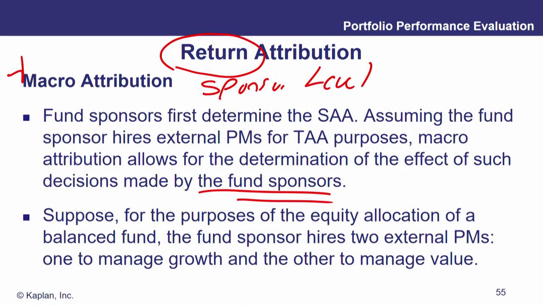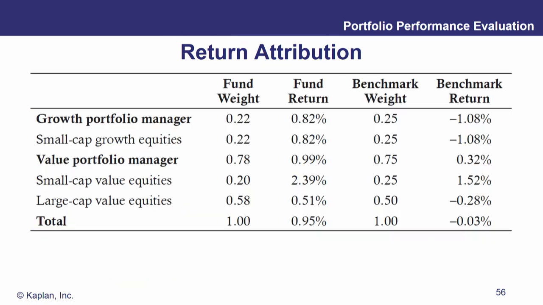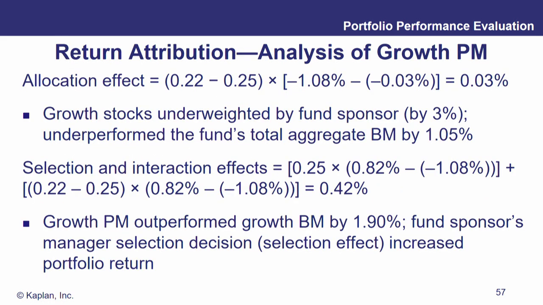So suppose for the purposes of equity allocation of a balanced fund, the fund sponsor hires two external portfolio managers, one to manage growth and the other to manage value. Okay, so we have a nice return attribution analysis output display for you.